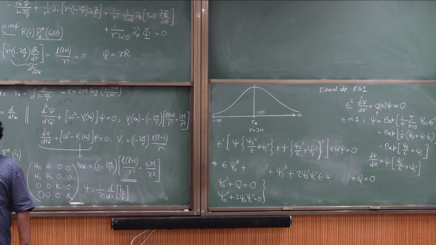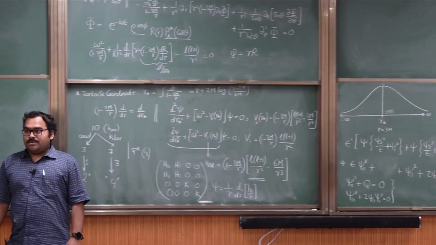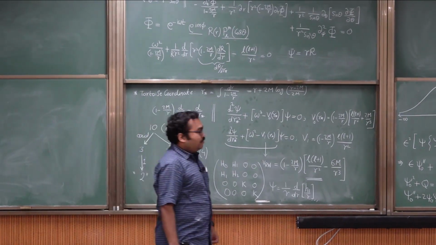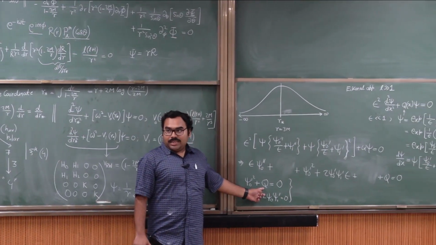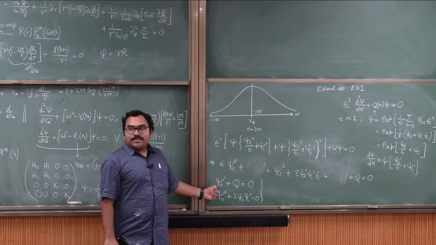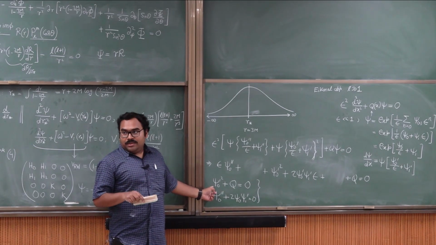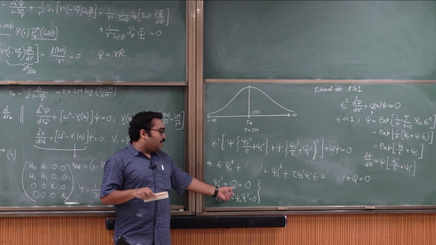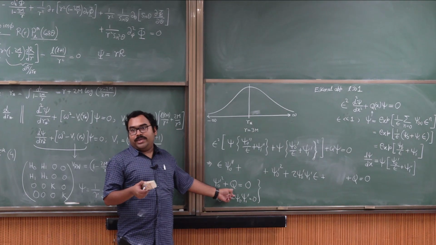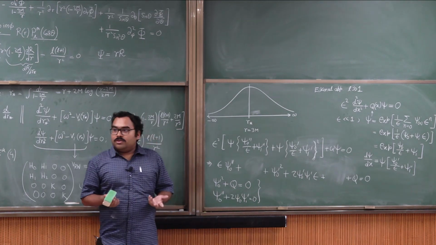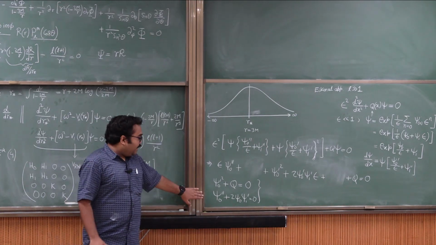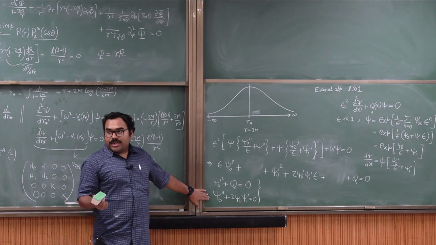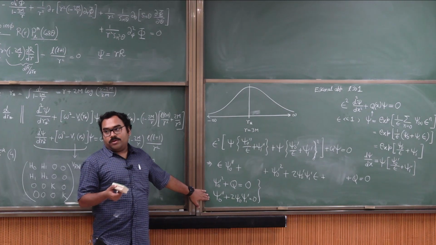So you never get the Newton's equation, so to speak, from the Schrodinger equation, but what you get is the Hamilton-Jacobi equation, because this Q contains your energy and the potential, and this psi 0 prime is nothing but your momenta. So this means p square plus potential is equal to energy, which is nothing but your Newton's equation or the Hamilton-Jacobi equation.